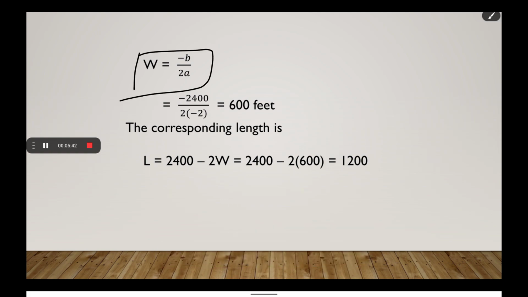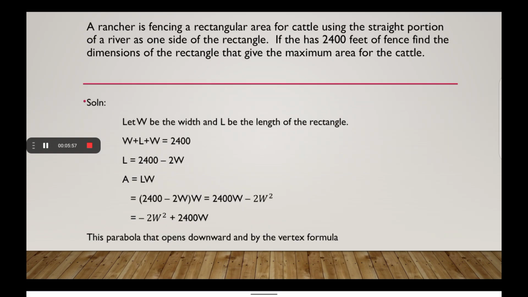We substitute the values: B is 2400 in that equation, and 2 times A is 2 times minus 2. The minus signs cancel, and we get the answer 600 feet. Since the unit given is feet, we must write the answer in feet.